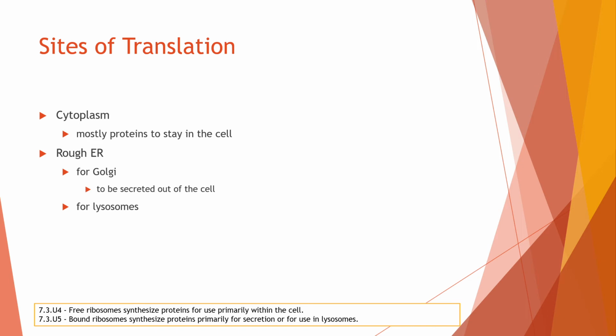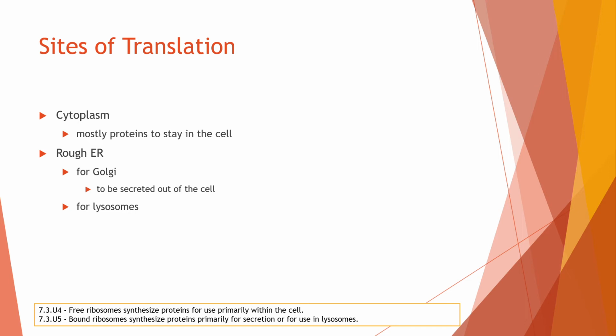Now, to complete our knowledge about translation, we have to say some words about where it happens. So the natural site for translation is the cytoplasm. Of course, in prokaryotes there is no other possibility. But in eukaryotes, it is also the original site of translation. So, RNA is produced in the nucleus, then it is processed, then it goes to the cytoplasm, and then it may be used for translation if the protein is supposed to stay in the cell.